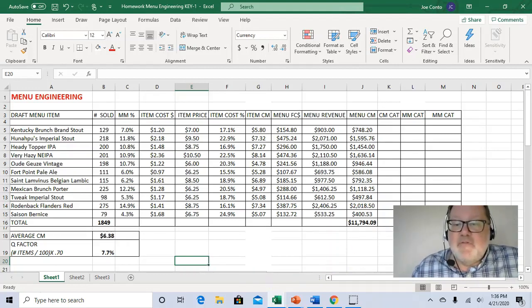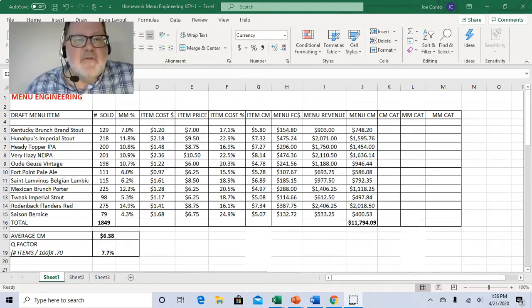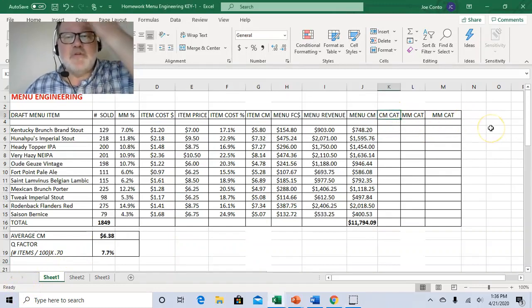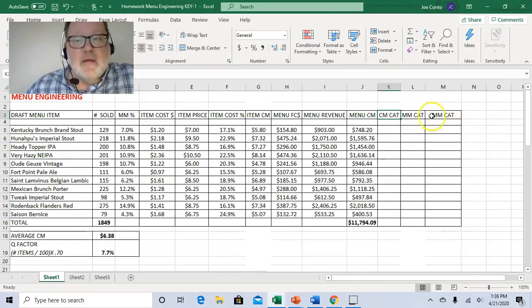We're going to use that information to, and I'm moving myself up here, start categorizing some things. So the first thing I'm categorizing is my, you see where it says CM up here, my contribution margin category. Next to it's going to be my menu mix category.